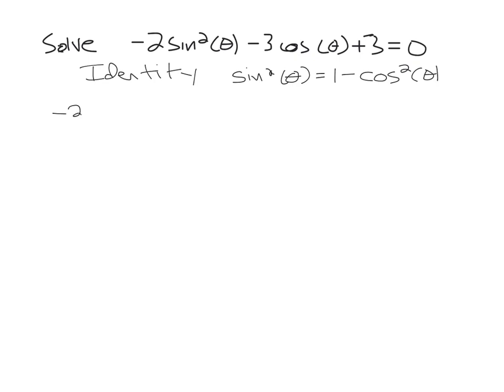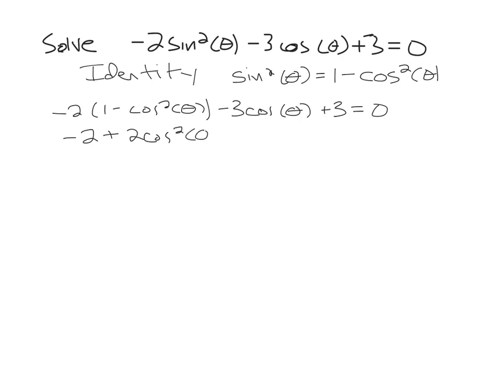So we got negative 2 times 1 minus cosine squared theta minus 3 cosine theta plus 3 equals 0. And now we got to clean that up. So distribute that negative 2 plus 2 cosine squared theta minus 3 cosine theta plus 3 equals 0.